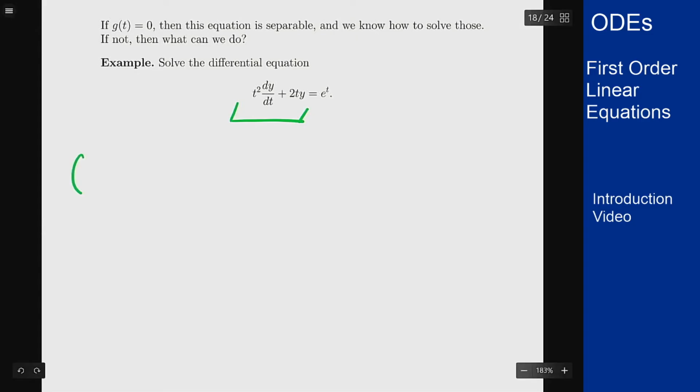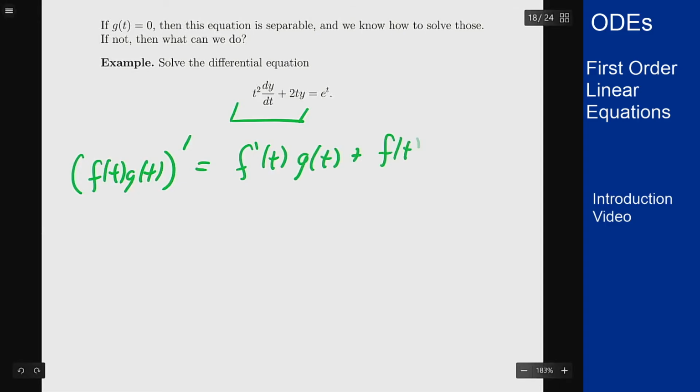If I have a function f of t times g of t and I differentiate it, I'm going to get f prime of t times g of t plus f of t times g prime of t. One of these has a derivative in it, the other has the function itself. So can I write this left-hand side as a product rule?